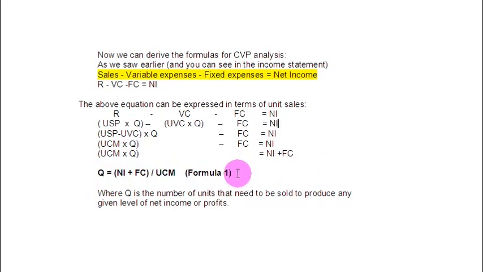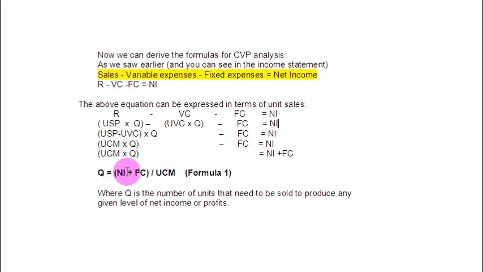And this is basically one of the most useful formulas for doing break-even analysis and any targeted profit type of analysis as well. Basically, in words, what this formula does for you is it computes Q, quantity, where Q is, in our case, the number of banana cream pies that you would need to sell to get to any targeted level of net income or profits.